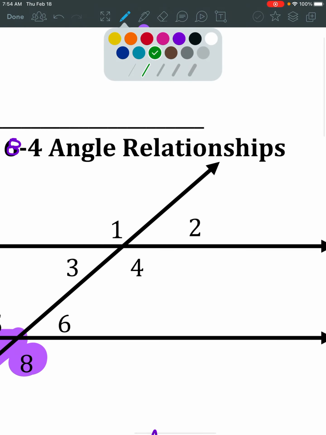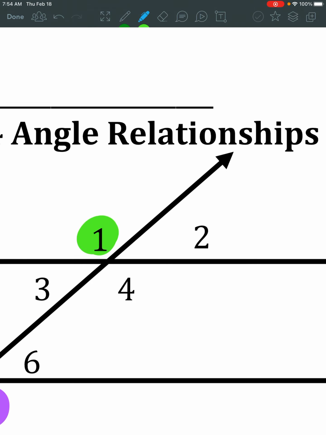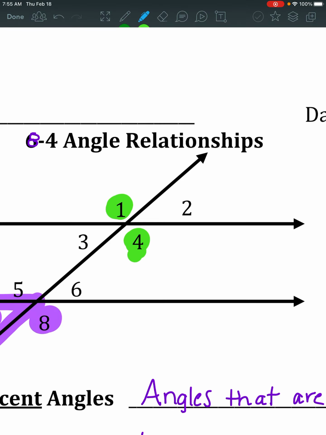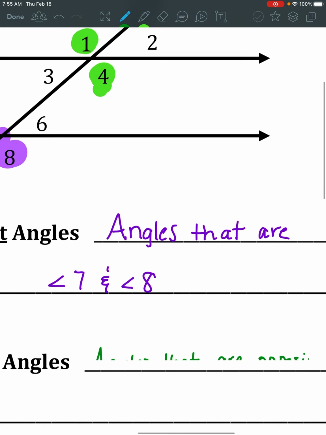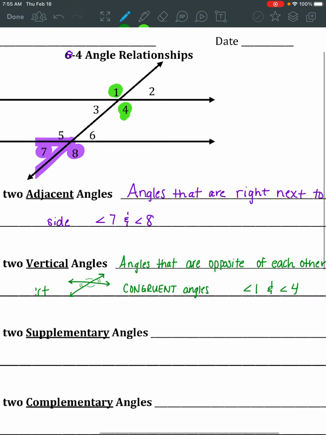So for example, I'm going to go up here to 1, 2, 3, and 4. I'm going to change my color to my green. So if we're looking at, let's say, angle 1, directly across from it is angle 4. So those 2 are congruent. They're the exact same angle measurement, and they are what we call vertical angles. So angle 1 and angle 4 are vertical.